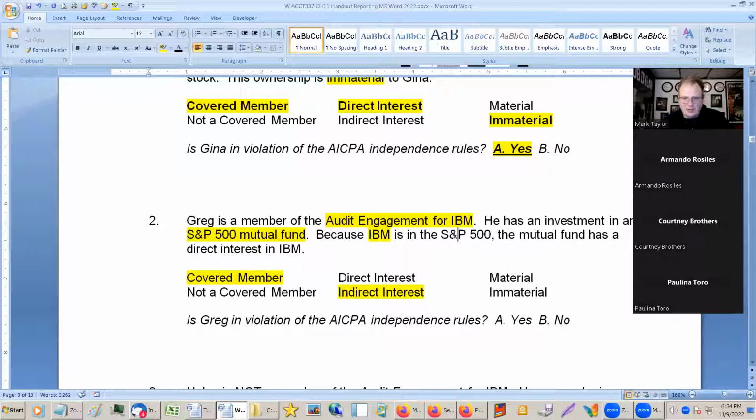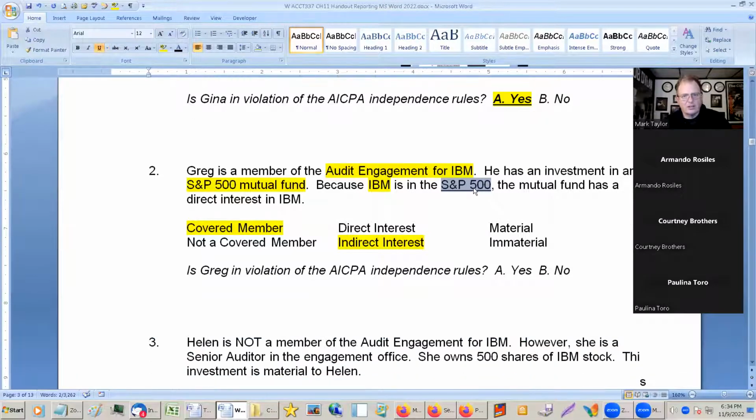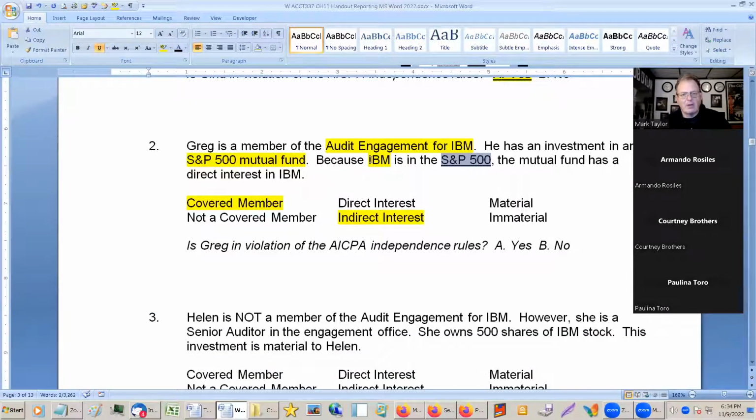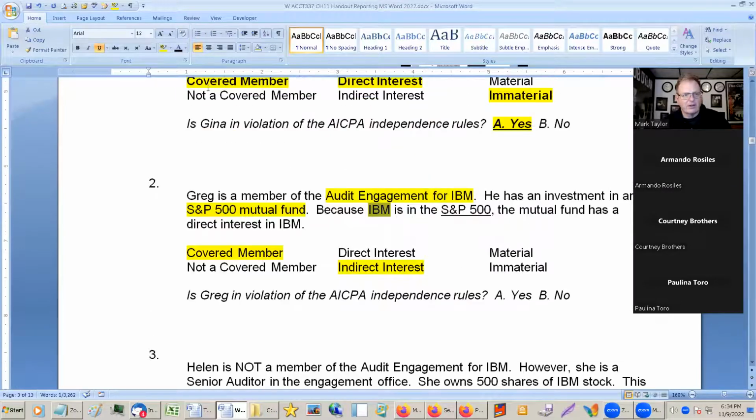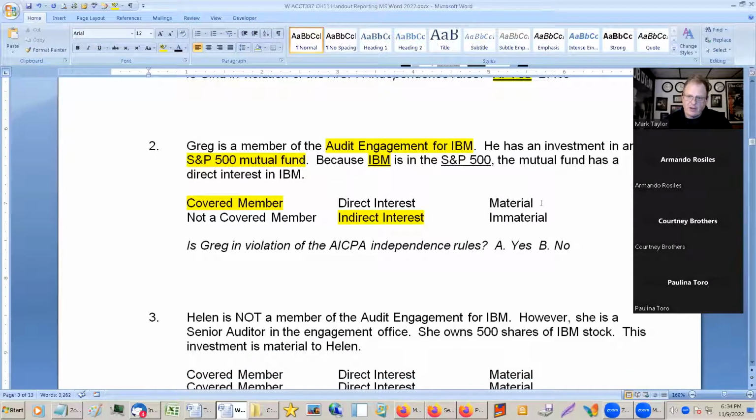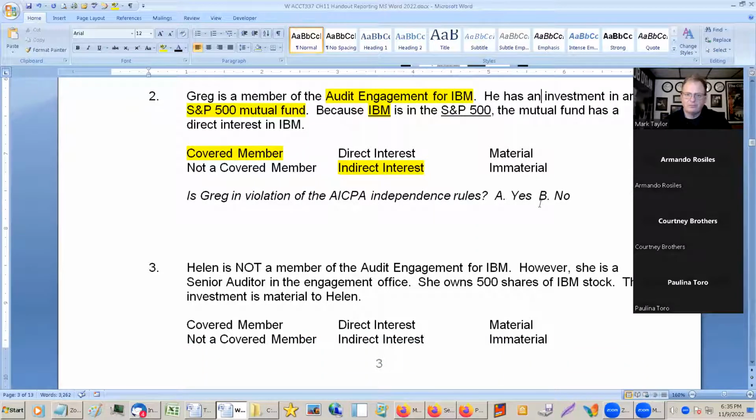Now, is it material? There's 500 companies in the Standard & Poor's 500 fund. Even though IBM is one of them, it's one of 500, with 499 other companies in it. Is the IBM portion going to be material?